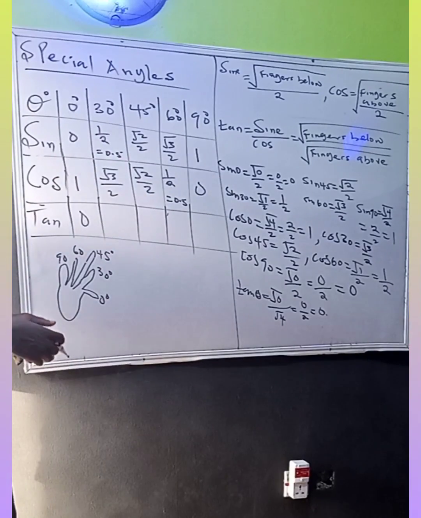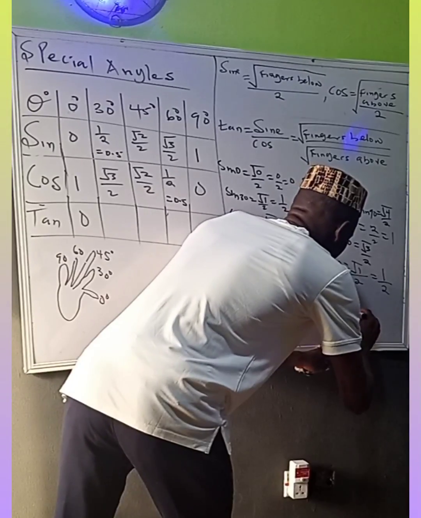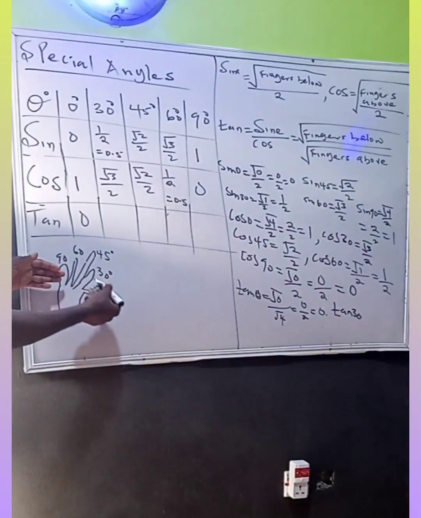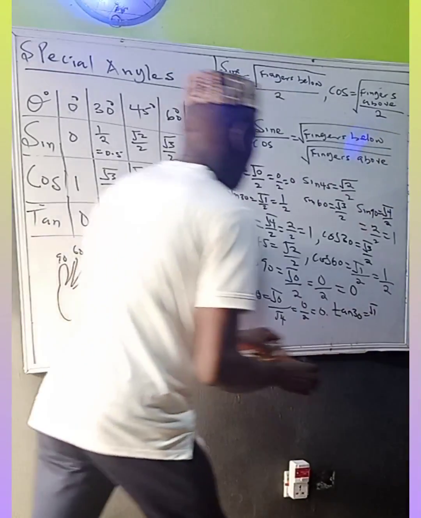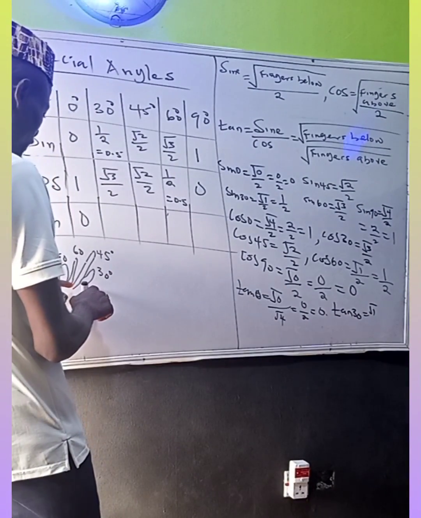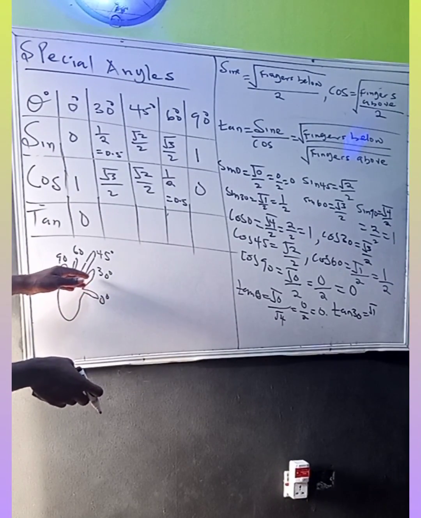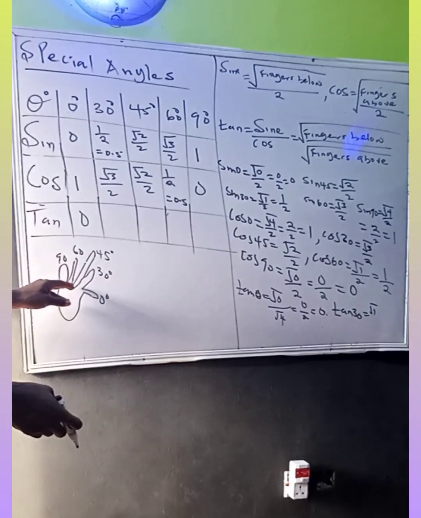Then we move to tan 30. Tan 30 becomes, how many fingers do we have below 30? We have 1. So we're going to have square root of 1. How many fingers do we have above 30?